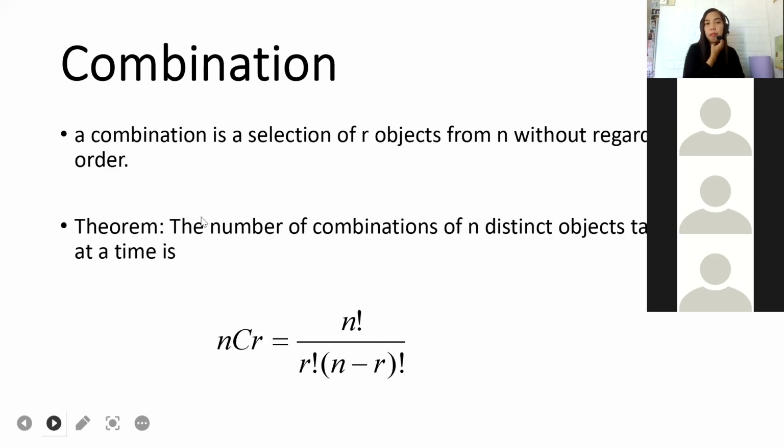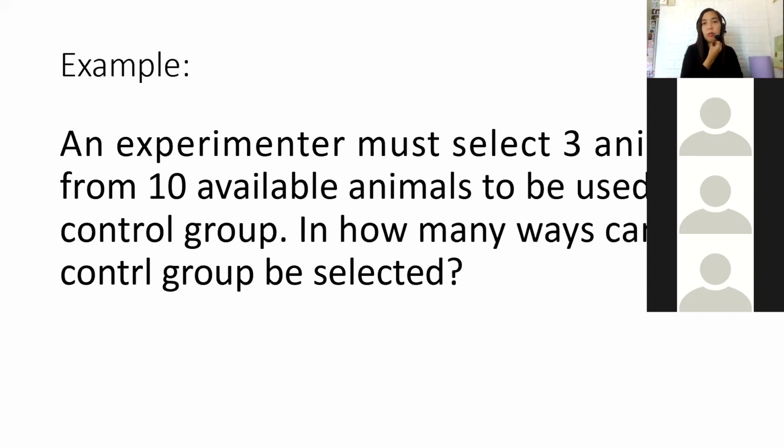Kindly read the problem. How about Michael? An experimenter must select 3 animals from 10 available animals to be used as a control group. In how many ways can the control group be selected? Okay, why this is an example of combination problem.